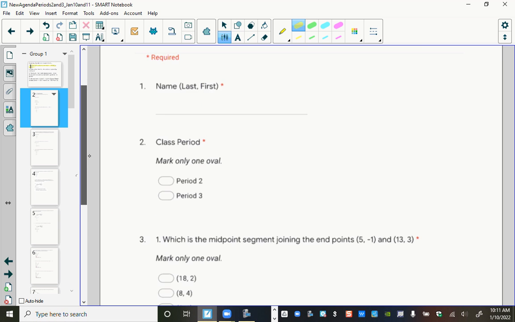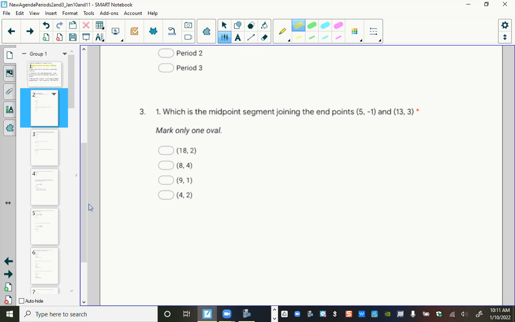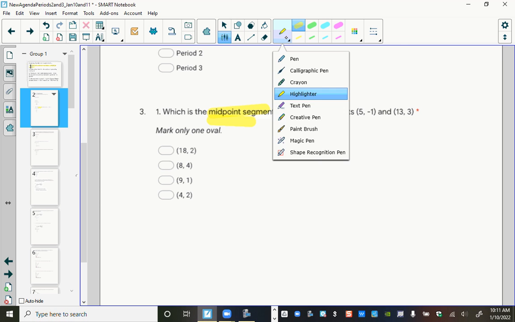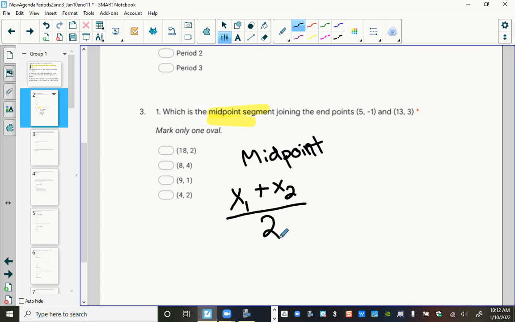Okay. First page, don't worry about that except for the bottom question, your midpoint segment. The midpoint part we do need to worry about a little. So the midpoint, remember, you take your x1 plus your x2, add them up, then divide by 2.